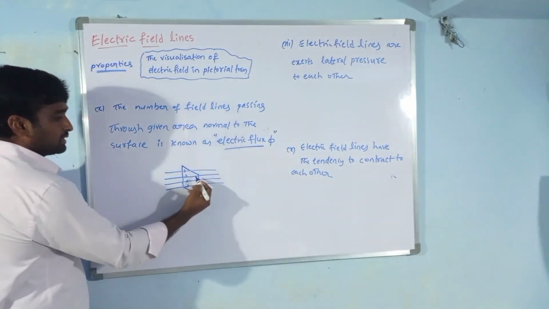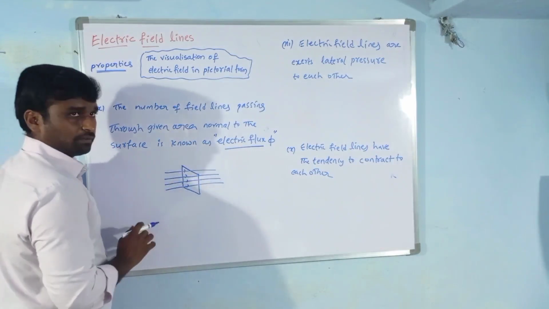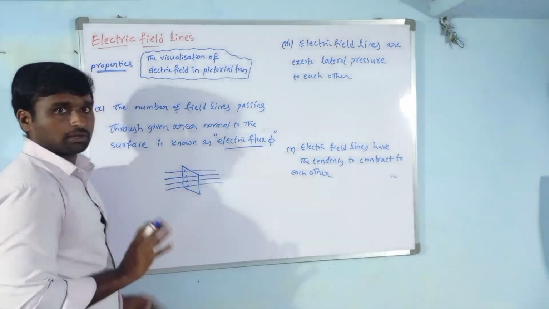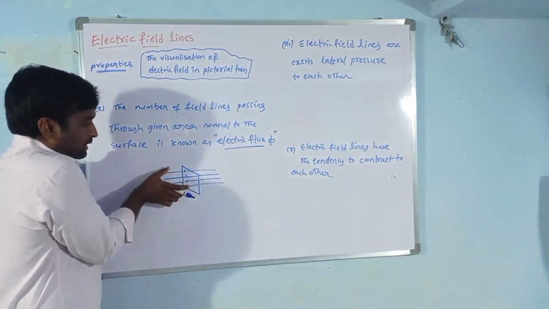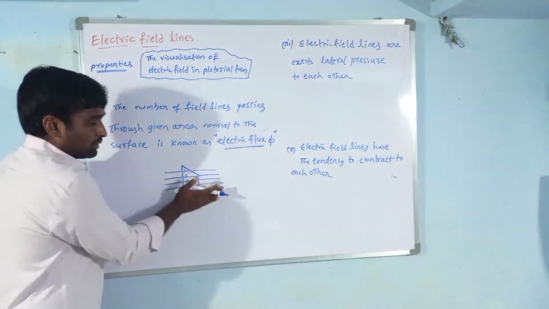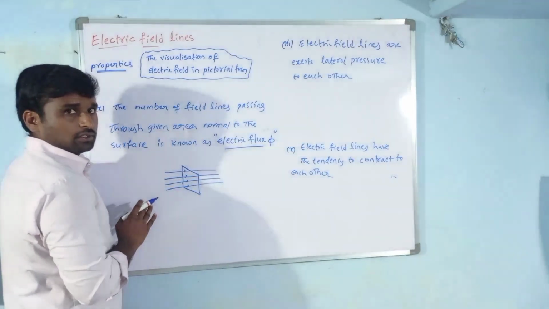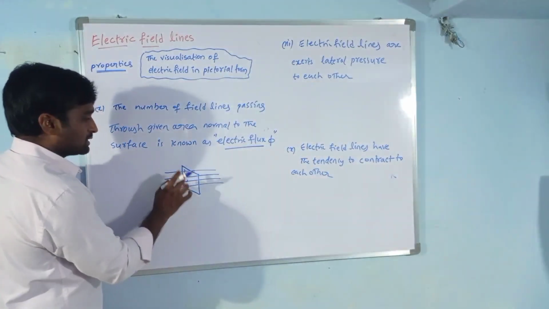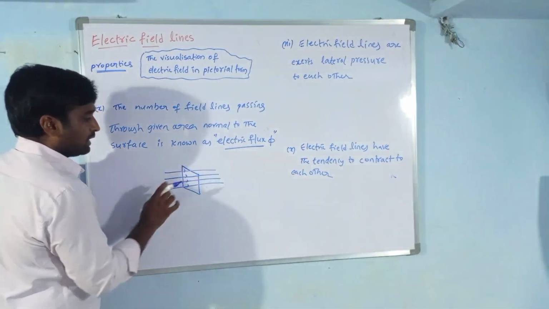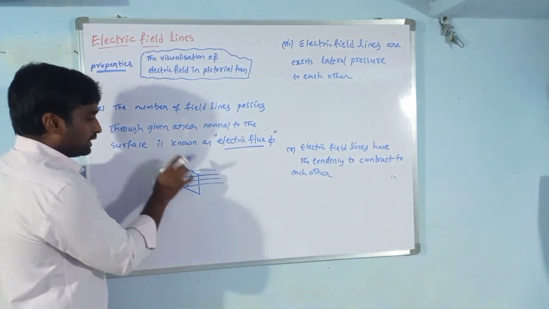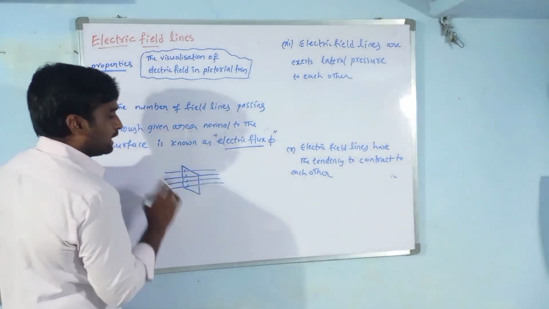So what is the direction of the electric field lines on the surface? That is 90 degrees. The electric field lines are passing through the given surface in a direction normally. That is called the group of lines passing through a given area, and that is called electric flux.